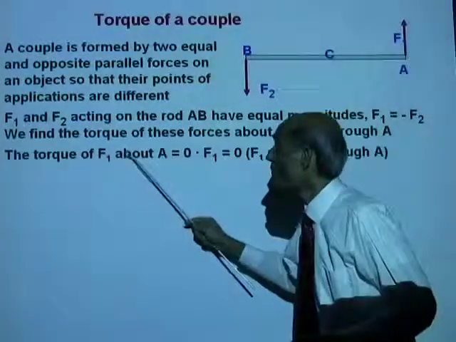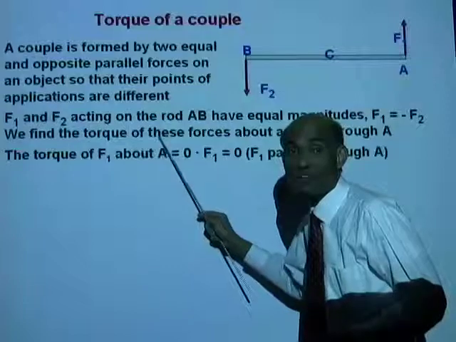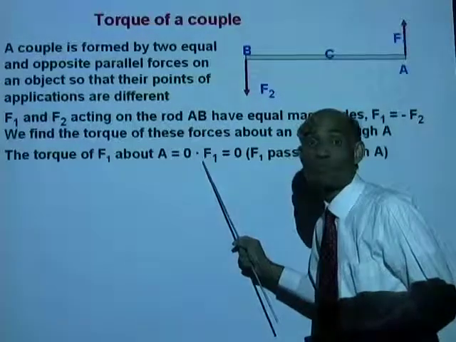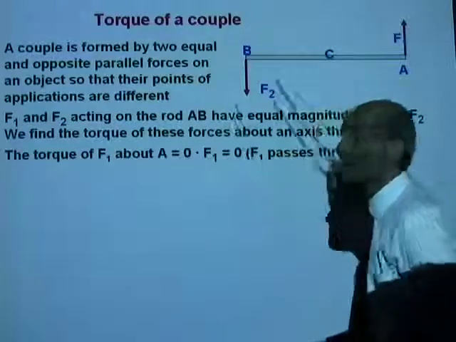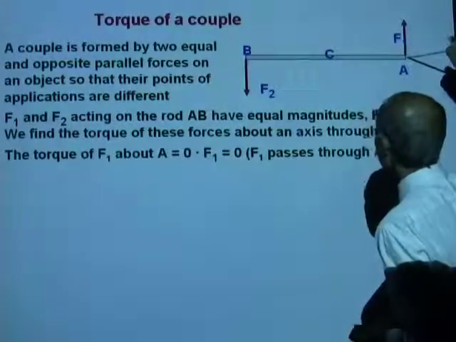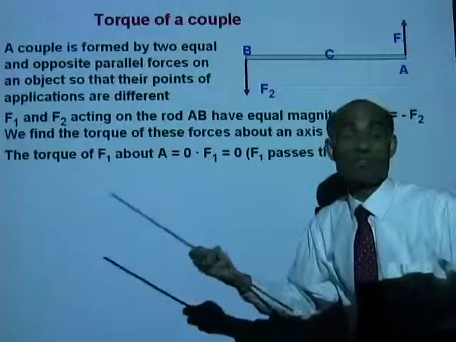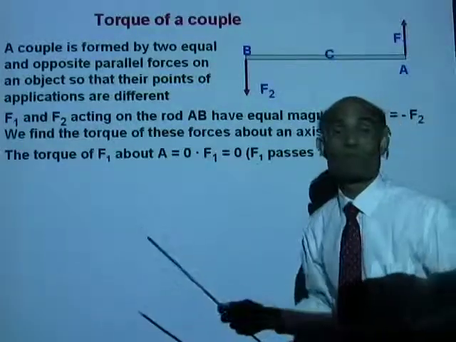The torque of F1 about an axis that passes through A is 0 multiplied by F1. Why 0? The torque arm is 0 because the distance between the axis and the force is 0.